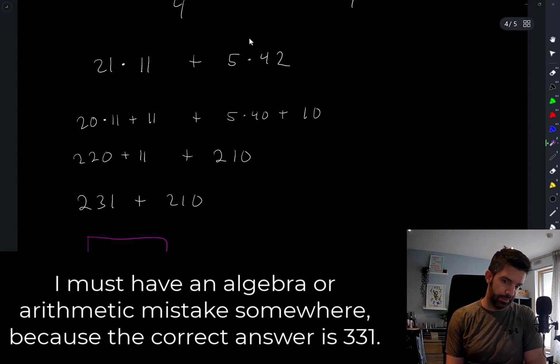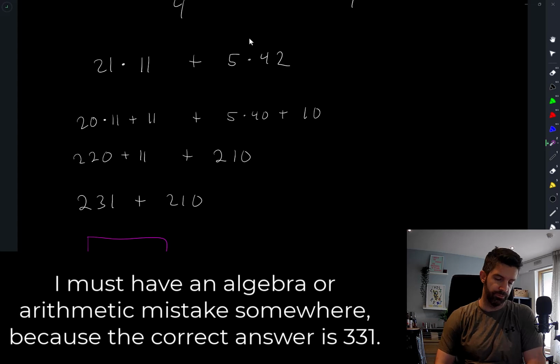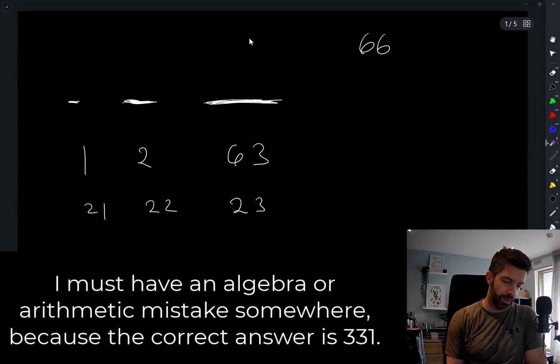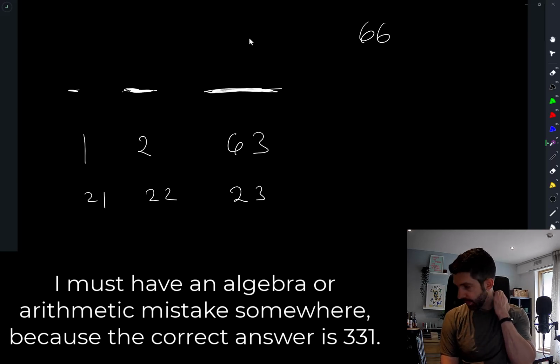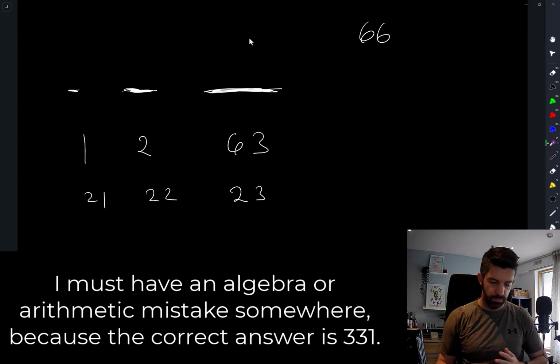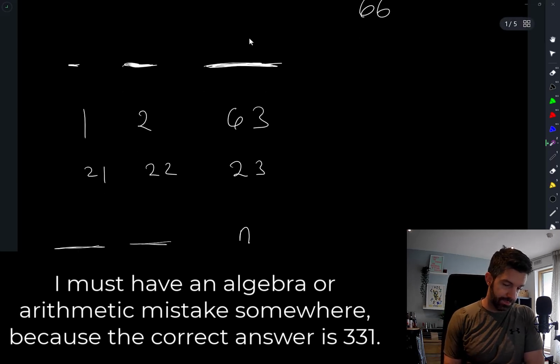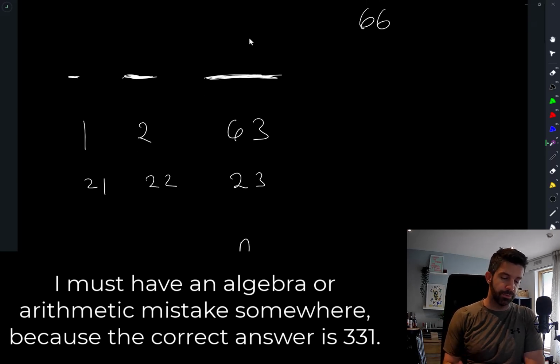I really don't want to have to go back now and check all of my arithmetic and so on. I think my approach here is probably, I mean, it's not the first thing that came to mind, but it's the first thing that came to mind that seemed to be tractable and easy to approach.